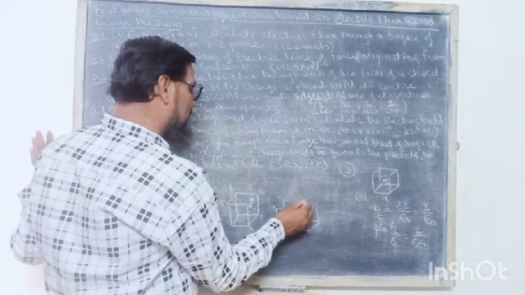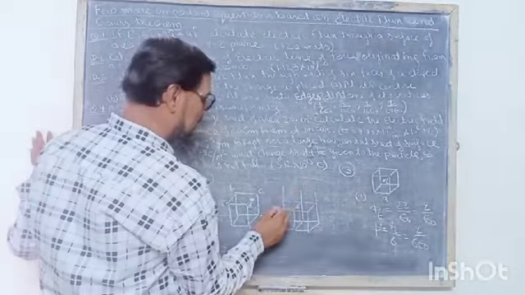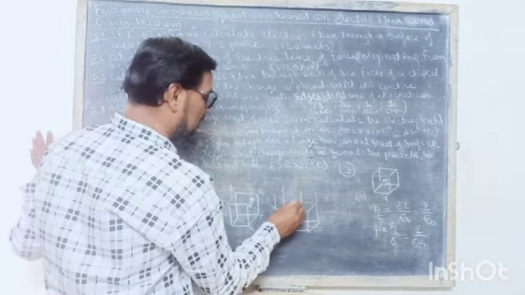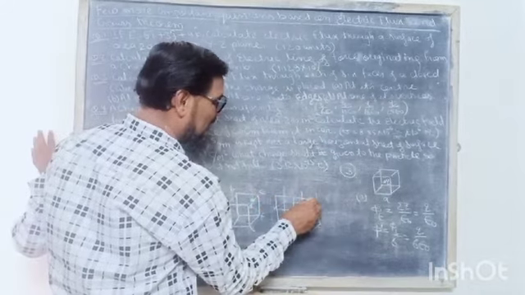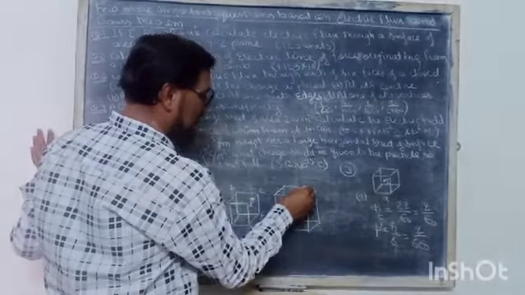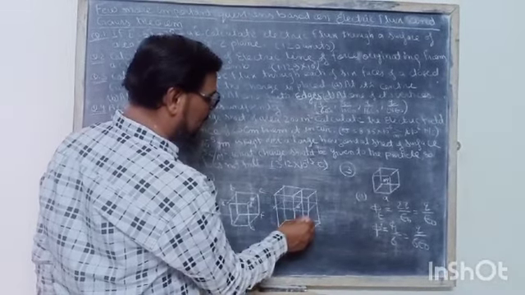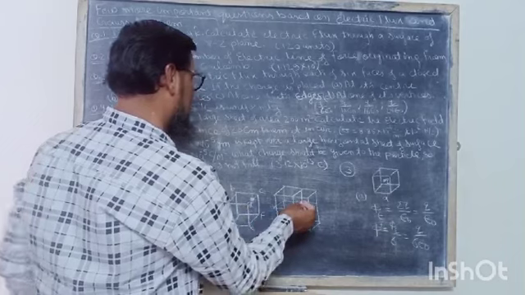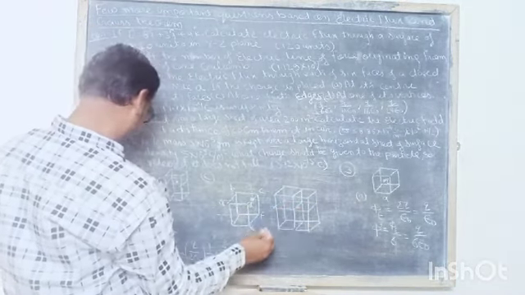Now to cover it completely, we imagine more, so these are the 4 cubes, 1, 2, 3, 4 cubes, that cover this charge on the edge completely.